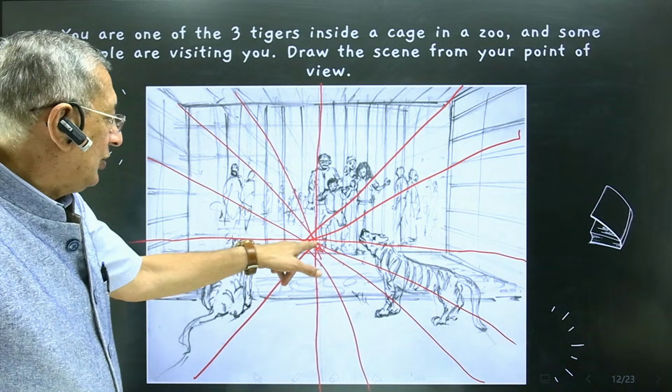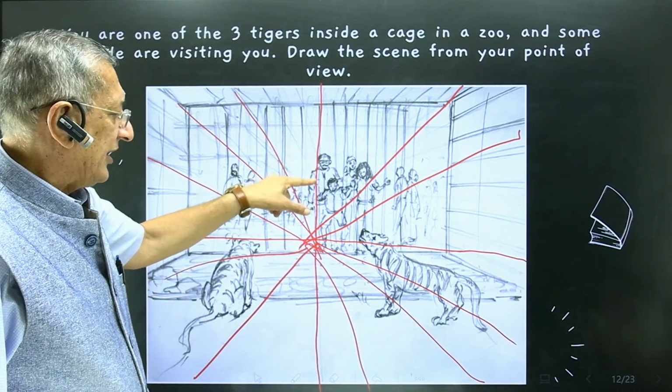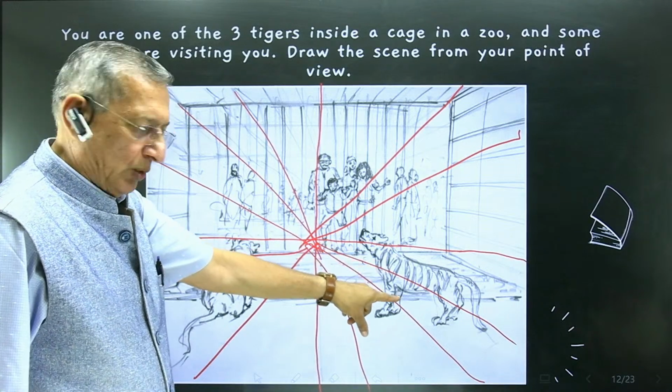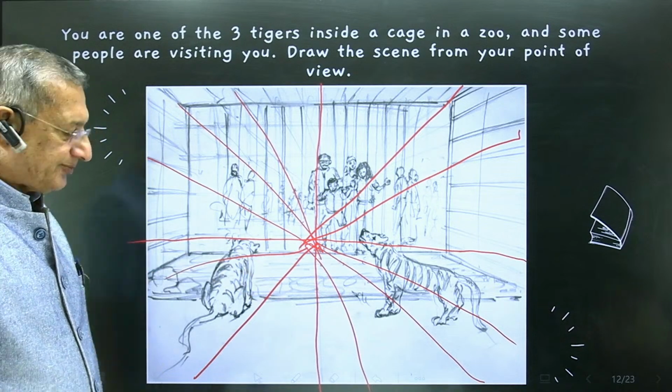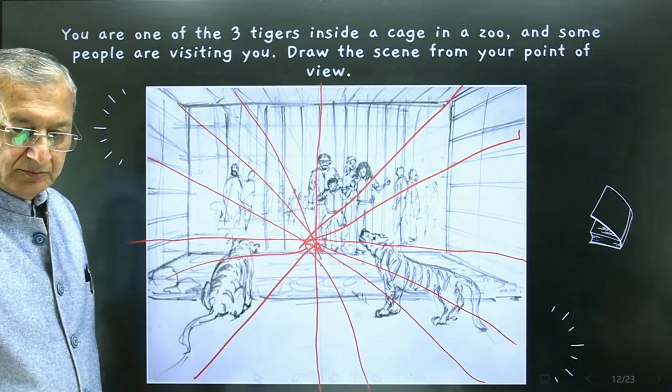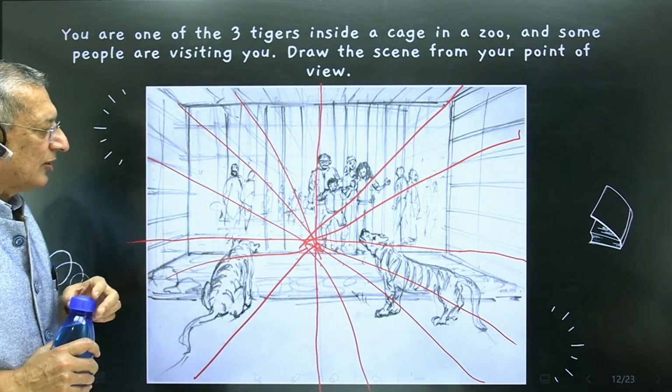Remember, your eye level will not be on the higher side this time. You are down below. So it's almost onto the little lower side of the vertical portion of the paper.